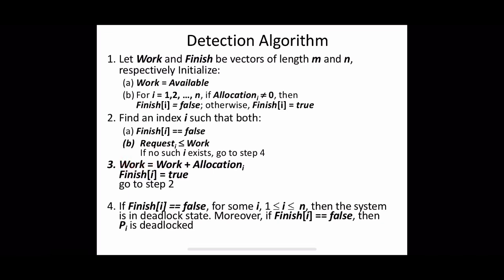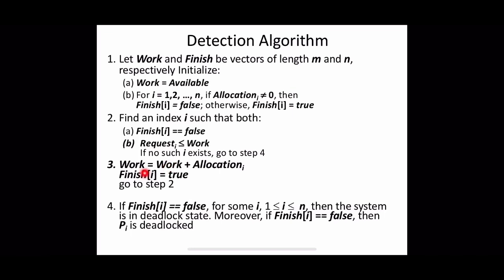What we are doing here is that if such a process exists, we can immediately grant the requested resources, so that process will complete its execution and release all the resources allocated to it, and those resources can be added to the currently free resources. That is why we are adding allocation[i] to work here.